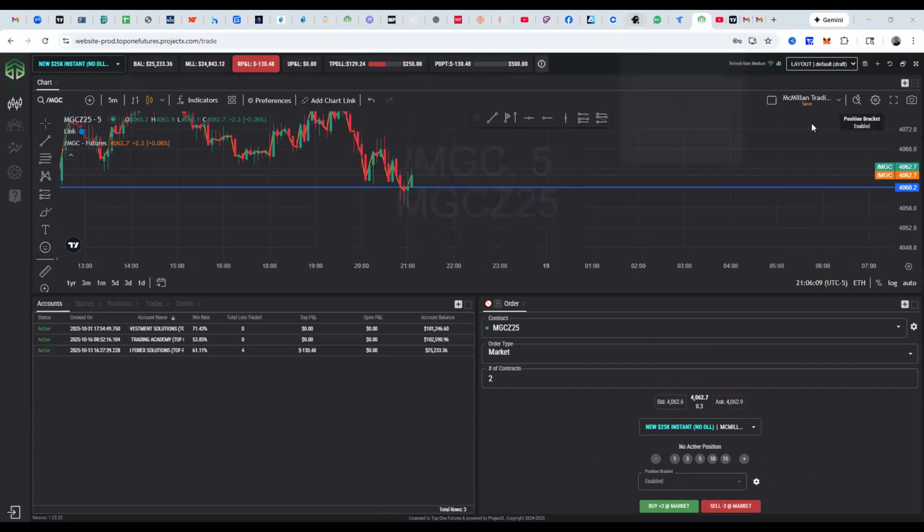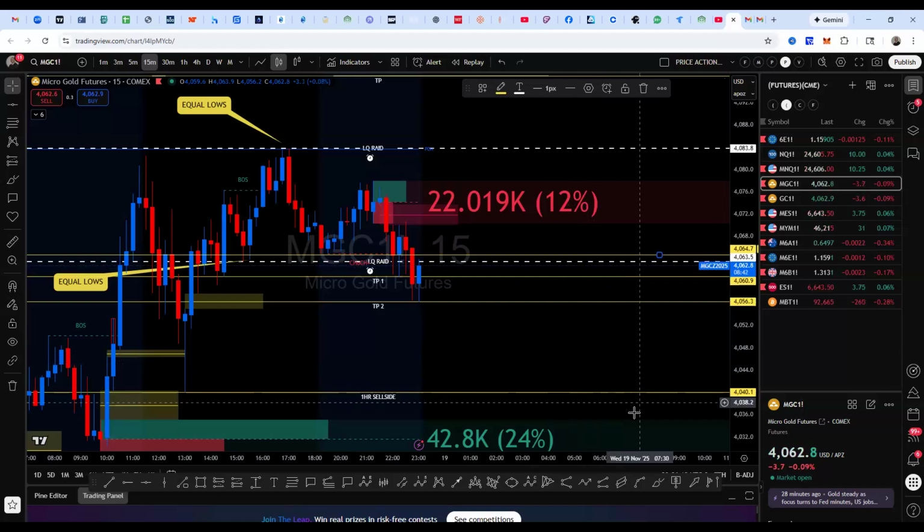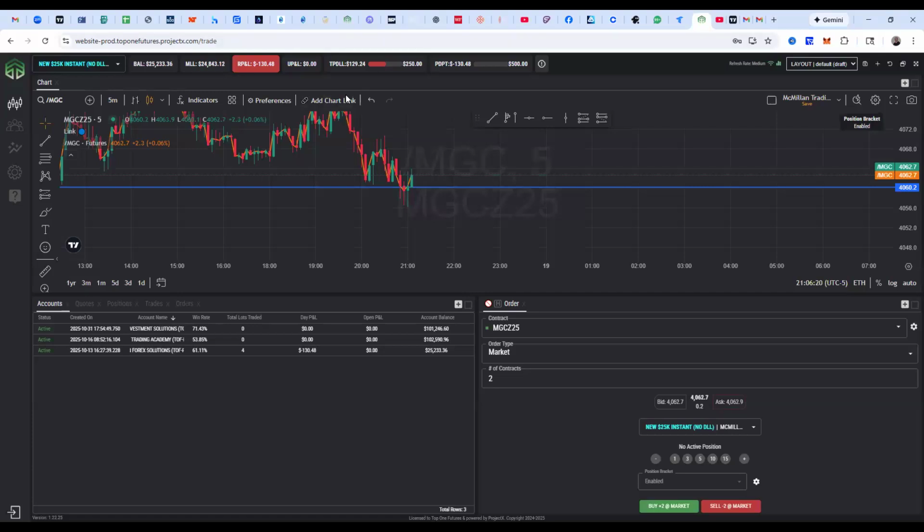Price hit my stop loss, so I was wrong. So I was going to wait for the market to reset, and then let's take that trade and see how we do. Worst case scenario, we just go all the way back to around the 24,000.